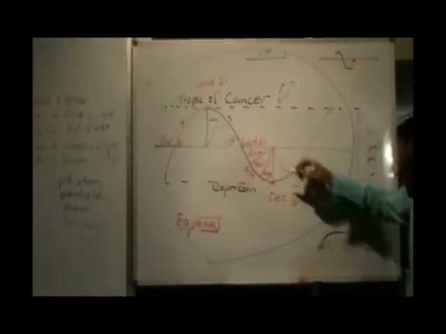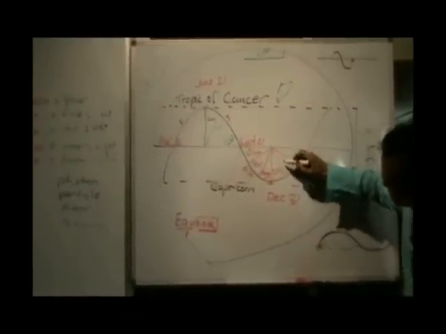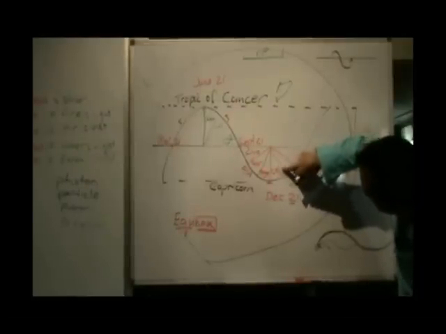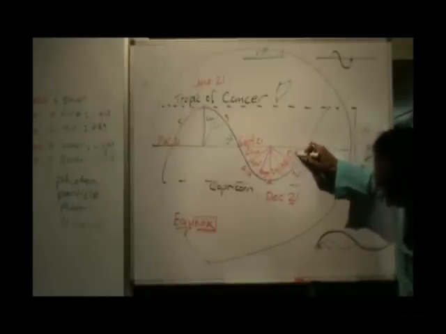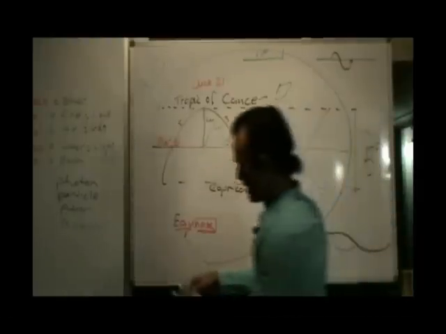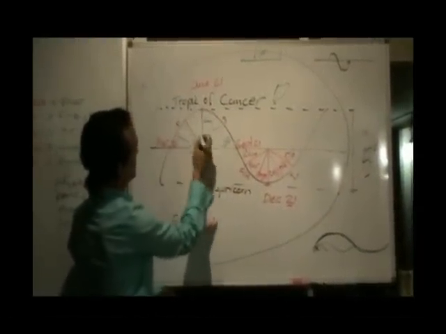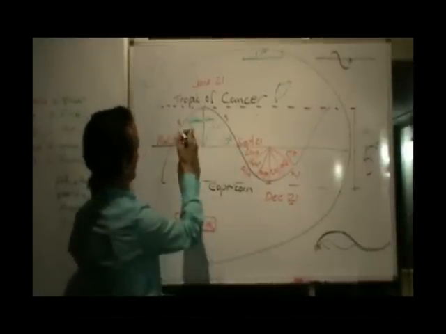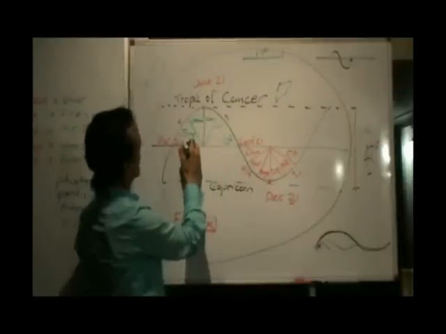Then after December the 21st, you have Capricorn. Aquarius and Pisces. Now, just have to fill up the spring months. Gemini. Taurus and Aries.